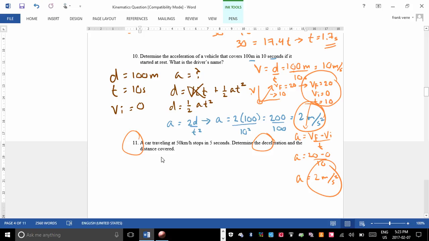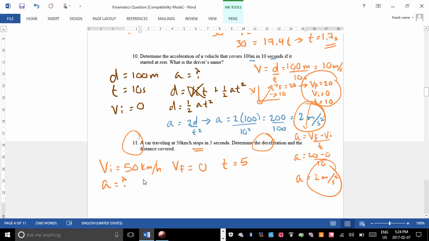So let's take a look at number 11 here, okay? So number 11, you have a car. The initial speed is 50 kilometers per hour. The final speed is 0, because it says it comes to a stop. We have the time, 5 seconds, and we want to know the acceleration. Okay? So, first off, you might want to convert this to meters per second.